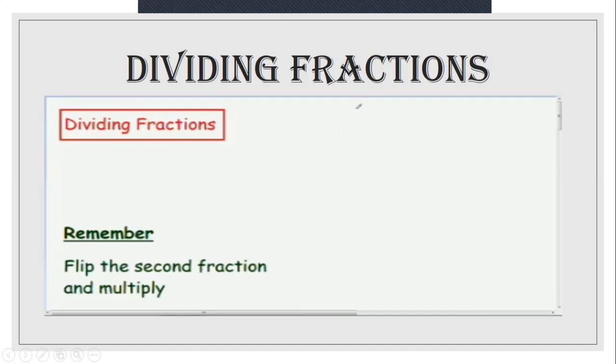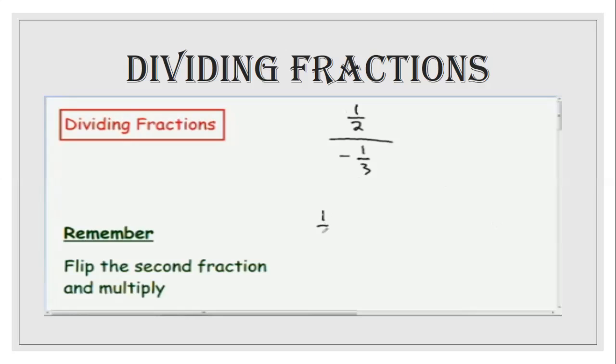Let's say we have 1/2 all divided by -1/3. This is exactly the same as 1/2 divided by -1/3. And once again, dividing is exactly the same as multiplying by the reciprocal.